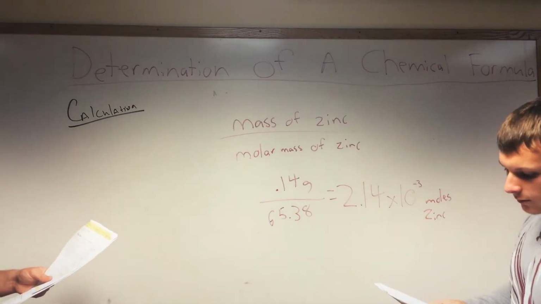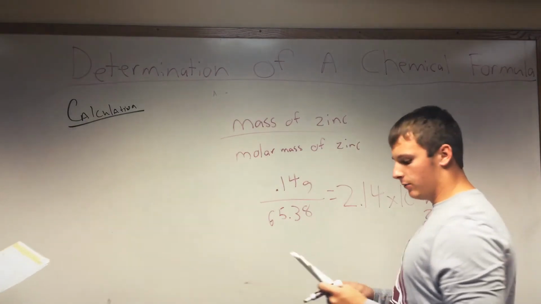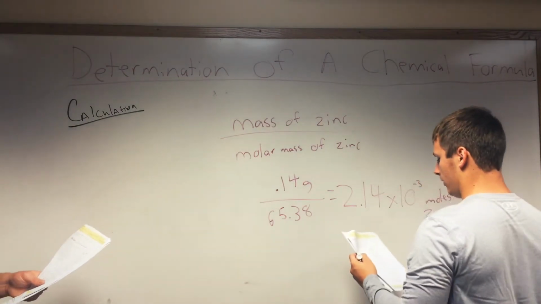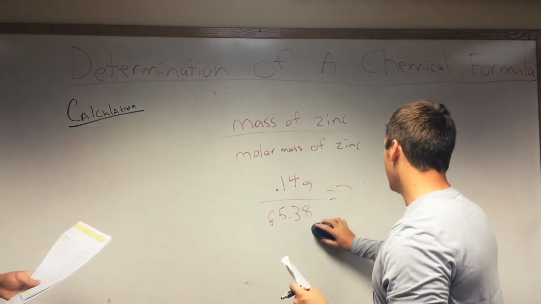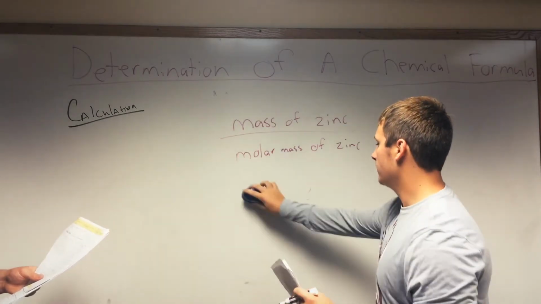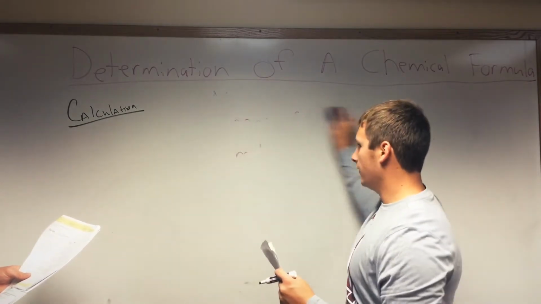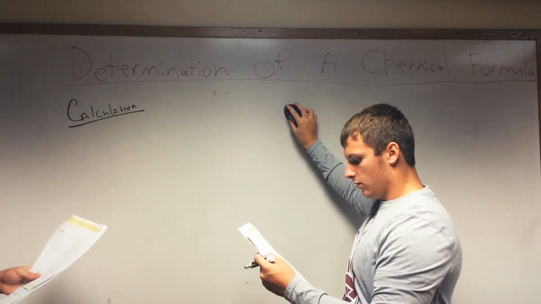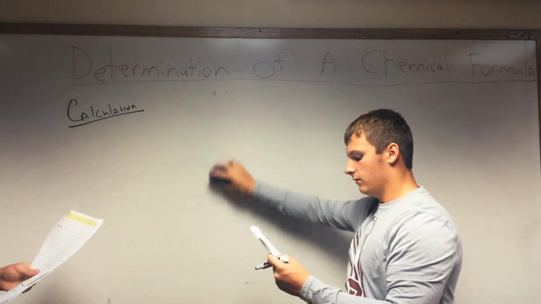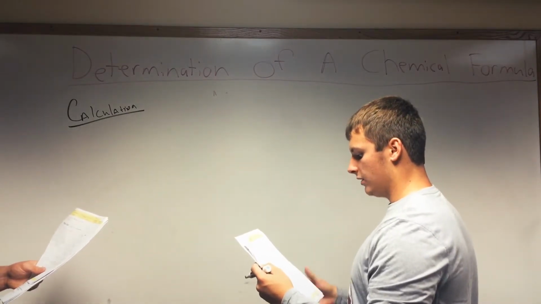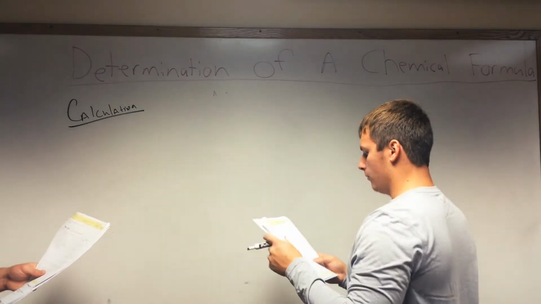So then, after we got all the moles of iodine and the moles of zinc, we had to put the moles of iodine over the moles of zinc, and that gave us the ratio of moles of iodine to moles of zinc.